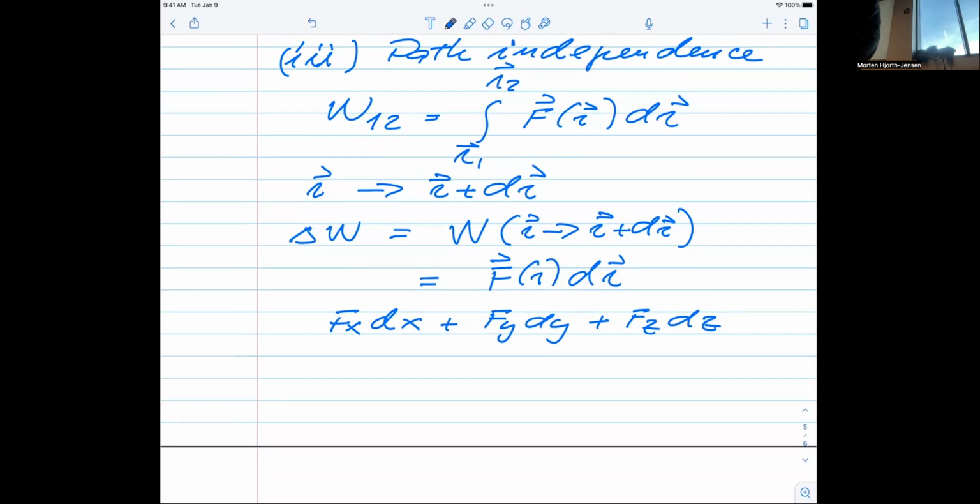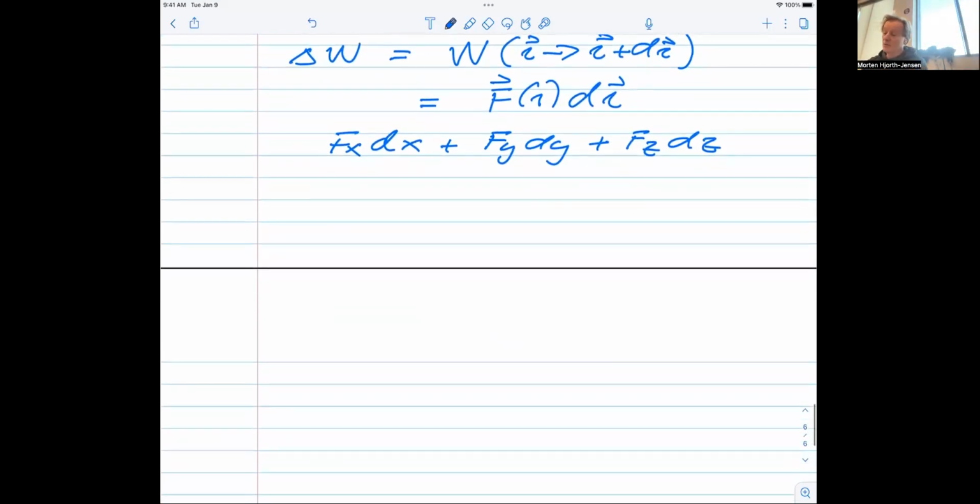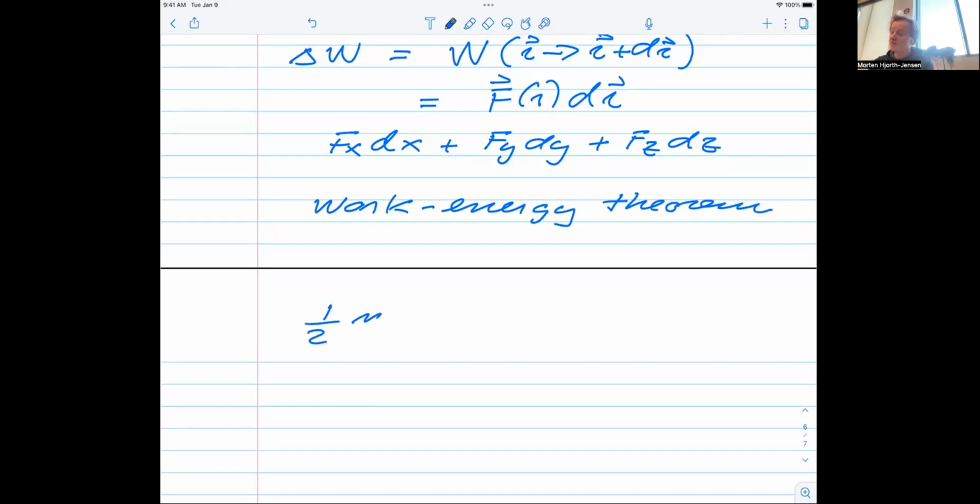Then the other relation which we're going to look at now is the usage of the work energy theorem. And we know that when we use that one, we have the kinetic energy in the initial and the final position. And what we know then is that the kinetic energy, 1/2 m v squared, where this is the velocity at the position r plus dr. And I'm going to put a vector here because I'm going to keep this in higher dimensions.